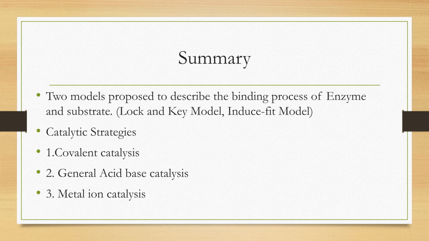Some ions help to stabilize negative charges on your substrate, like in DNA polymerase, where Mg2+ helped to stabilize the negative charge on your DNA. Metal ions can also help in mediating oxidation and reduction reactions.